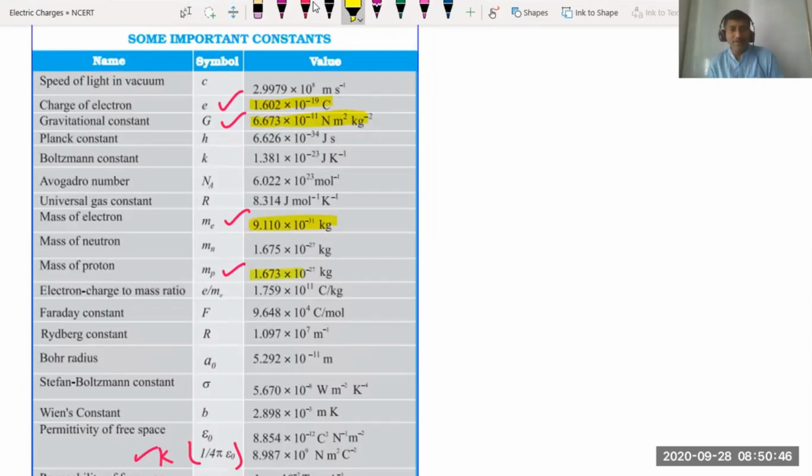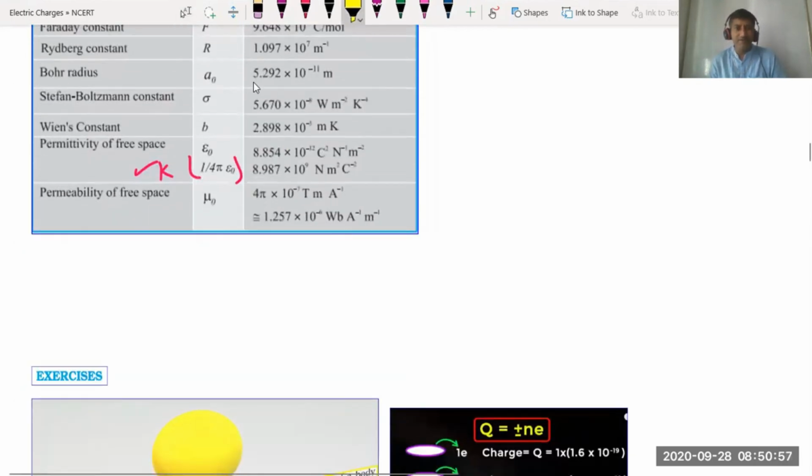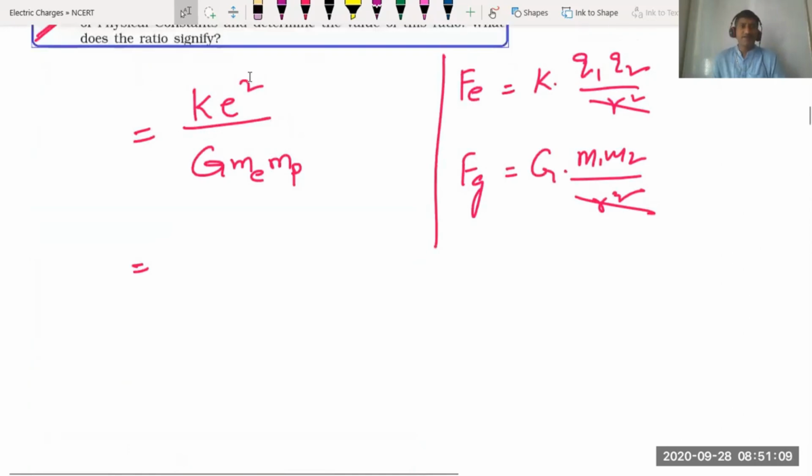Mass of proton, 1.673 into 10 power minus 27 kg. These powers of 10 are very important for us to remember. And this constant value, already discussed, 8.987 into 10 power 9 is given. I have written it as 9 into 10 power 9.